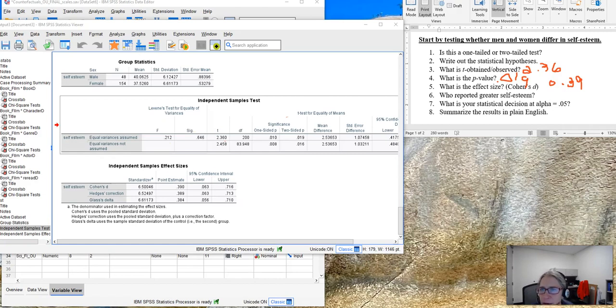Now we have to summarize the results in plain English, which is the most difficult part, but it's actually pretty easy. This just means use no statistical jargon and tell a person who knows nothing about statistics what the result of this analysis was. In this case, it's simple. Males have greater self-esteem than females. And that's it.